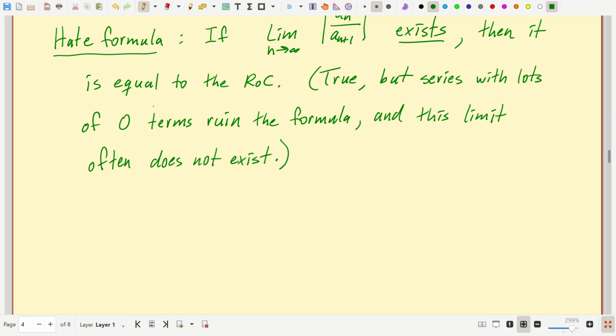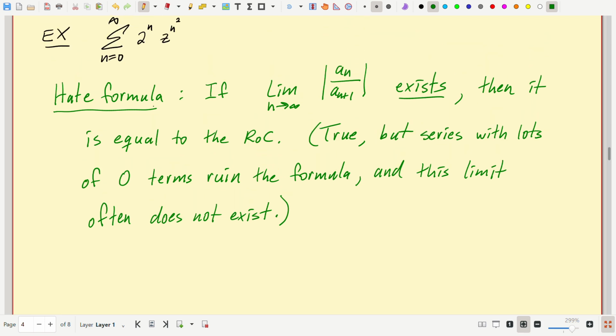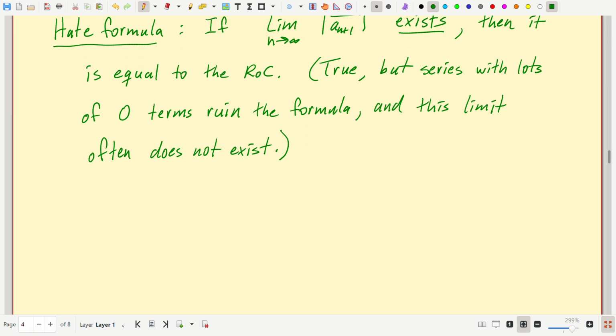But let's go back to this one I have here, the summation of 2 to the n times z to the n squared. If I use the ratio test directly, let's see what happens. Let's say I take a term way out there and the term right before, u sub out there divided by u before.